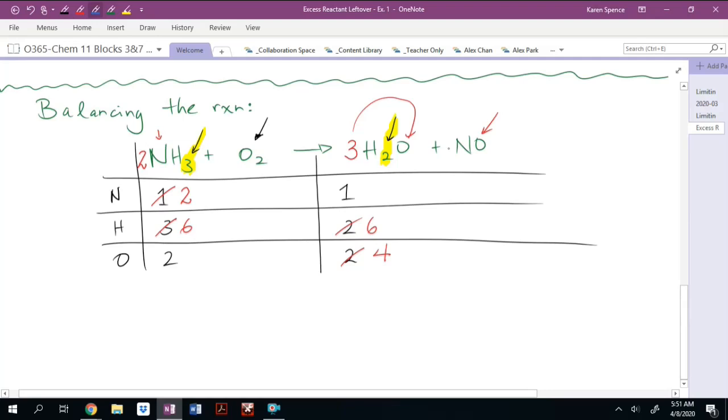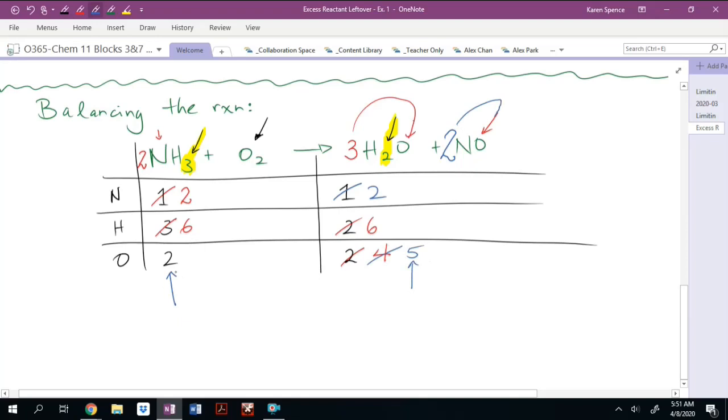We have two nitrogens, so we need to have two nitrogens. That's going to change that there. That also changes my number of oxygens. Now I have 3 plus 2 is 5 oxygens. Now, I've got this nasty little odd number oxygen, even number oxygen.